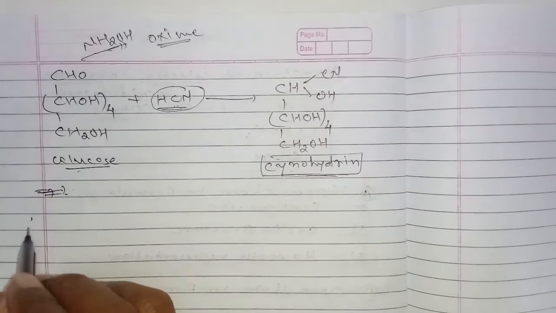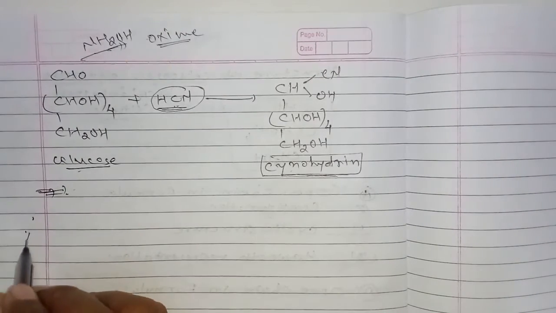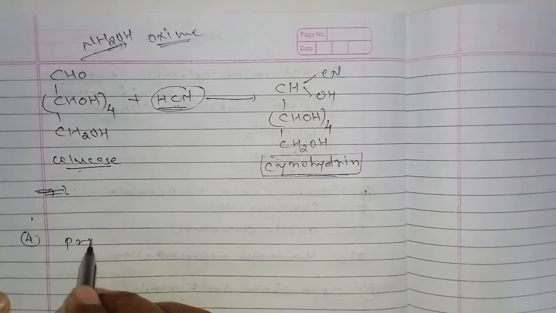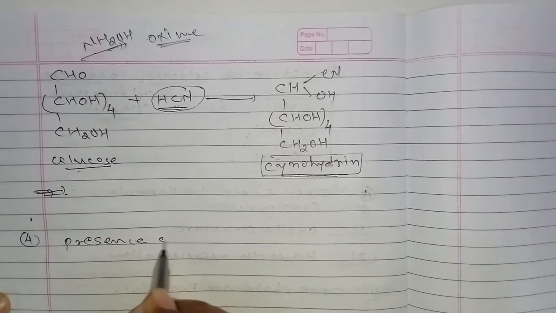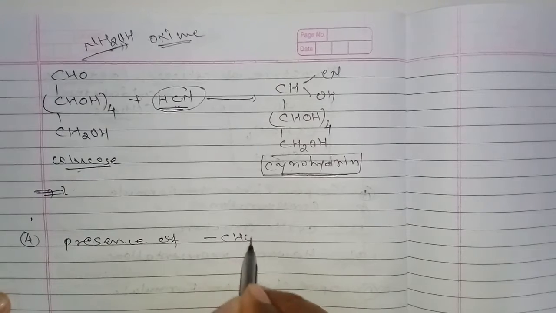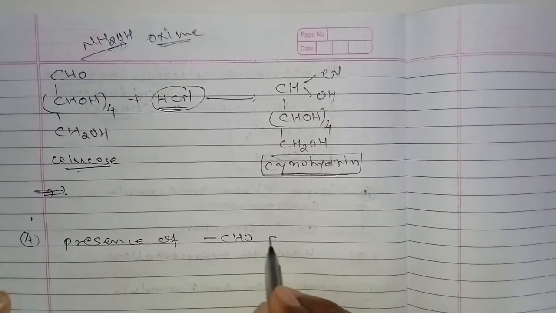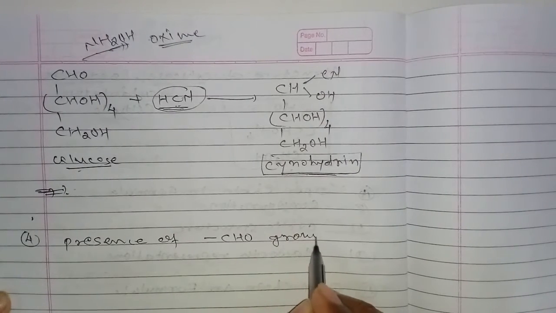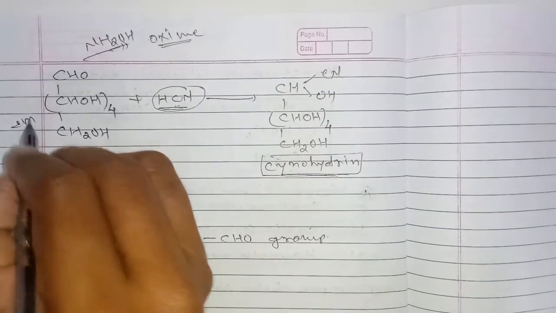Now the next is the presence of an aldehyde group, which is most important for 2 marks.